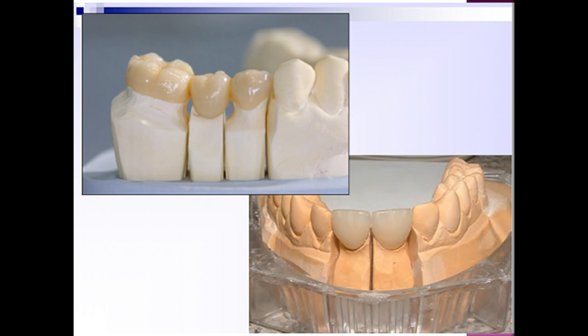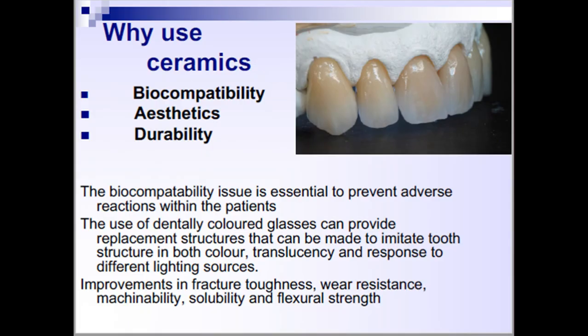So the main content we see in a dental ceramic or a ceramic material is feldspar. I think we all know what feldspar is. That's a SiO2 and Al2O3 combination.